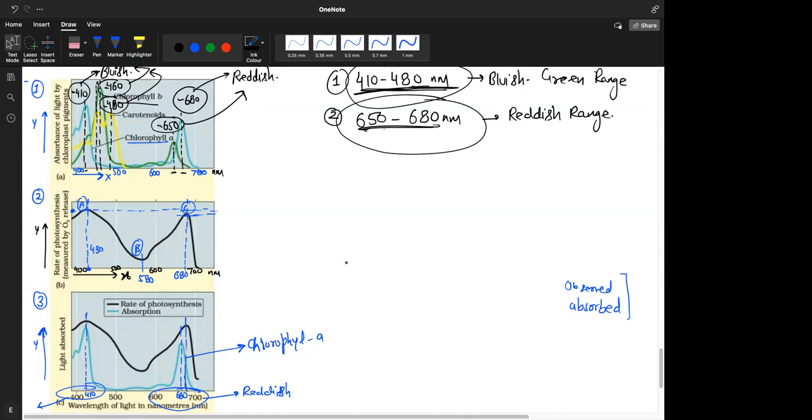It is not telling you anything about photosynthesis. When you club these two graphs in the third graph, it is making a correlation between the rate of photosynthesis and absorption by the pigments, taking chlorophyll A as a representative pigment. Is it clear, everyone? Yes, sir. So we don't have to underread. We also don't have to overread the data in science.